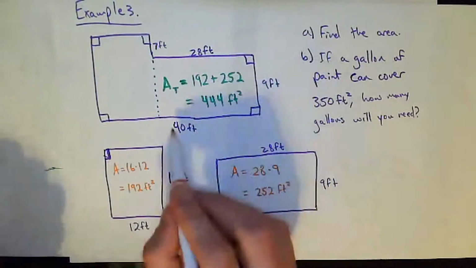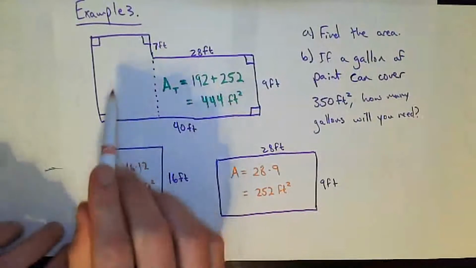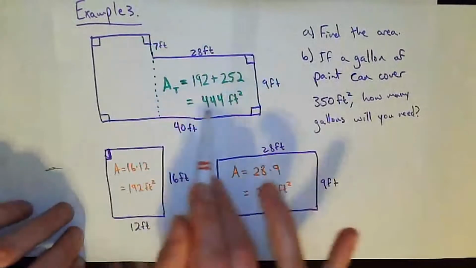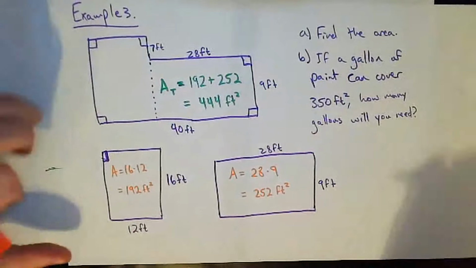That's the total area. For part A, that's the answer, total area. Adding up this rectangle plus this rectangle. So this whole shape, this original whole shape, has a square footage of 444 square feet.